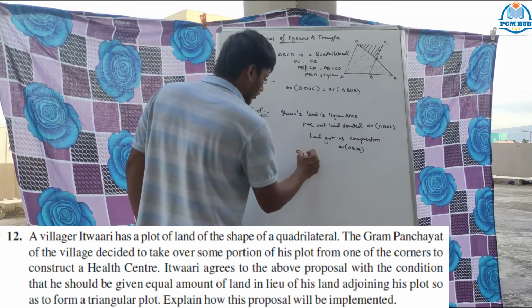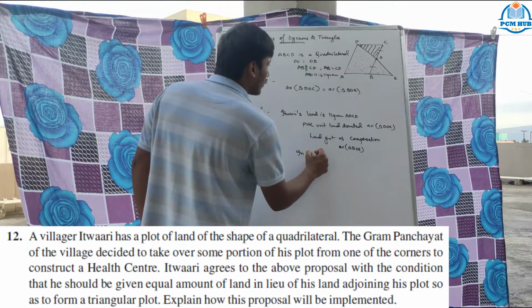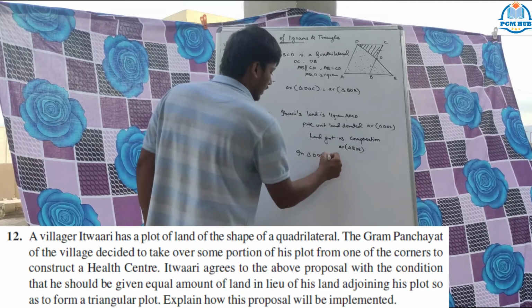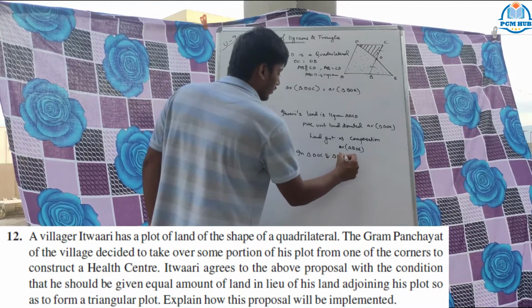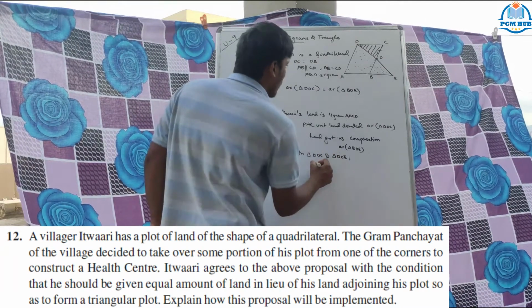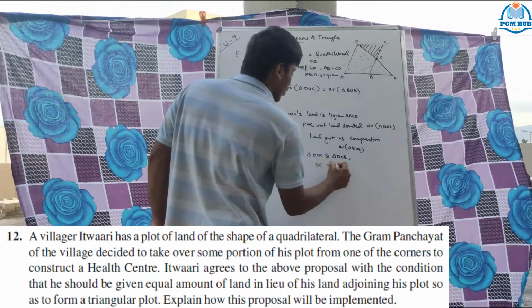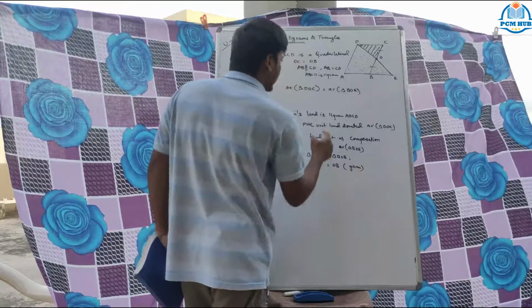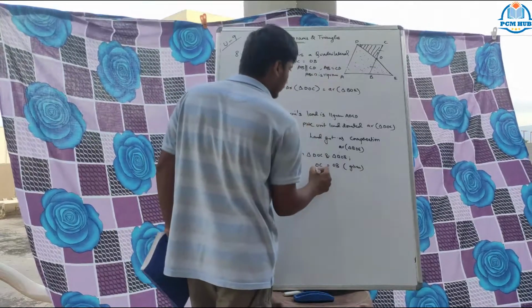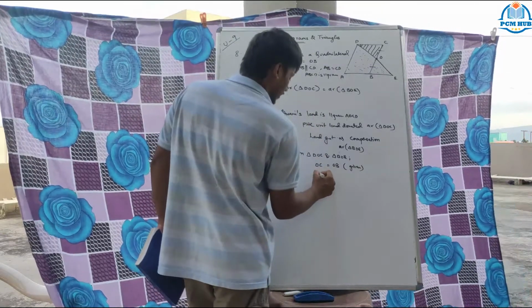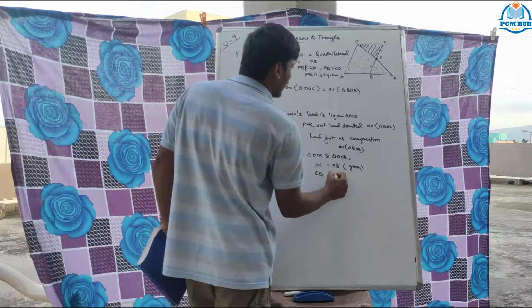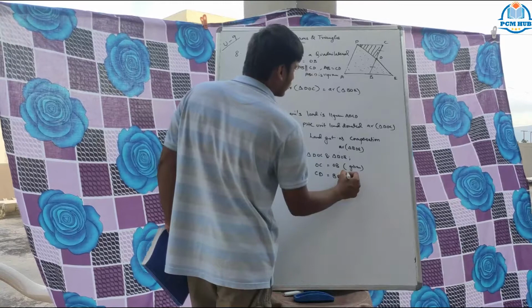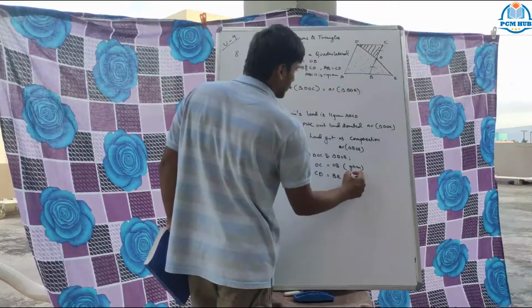In triangle DOC and triangle BOE, OC equal to OB, given, as O is the midpoint. CD equal to BE.